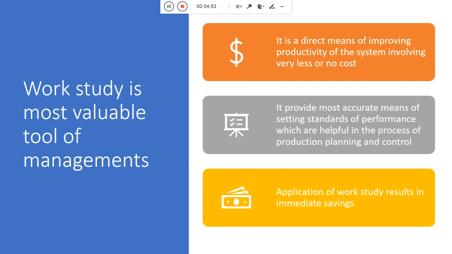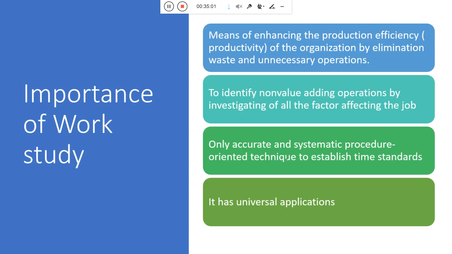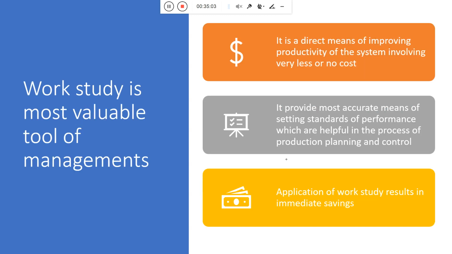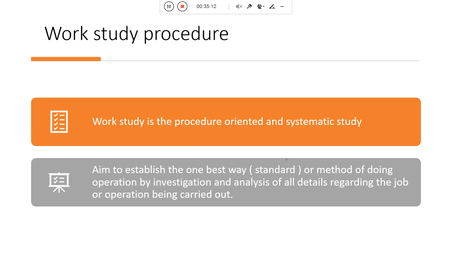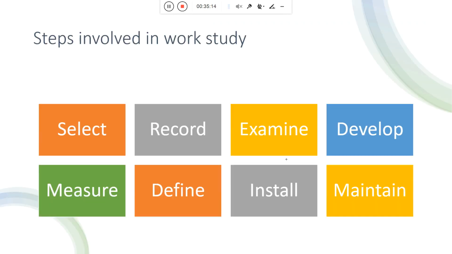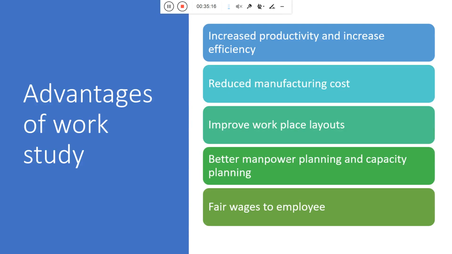So the work study is the most valuable tool of management. Most valuable. Why? I think it is more than enough for today. The other things we will discuss in the coming session: how it is most valuable, what the advantages are, what the procedure is, what the steps are.